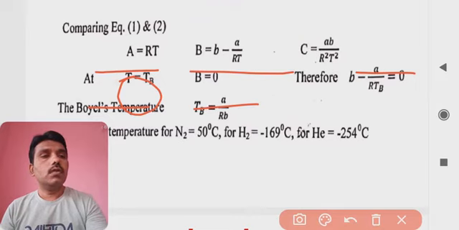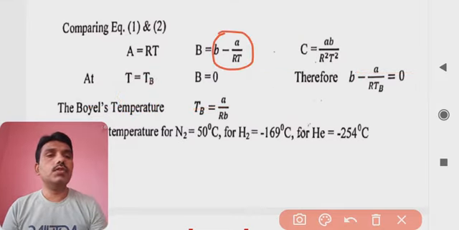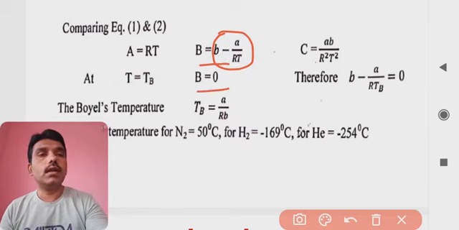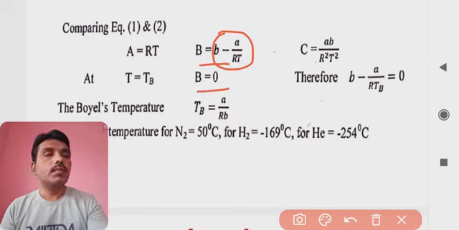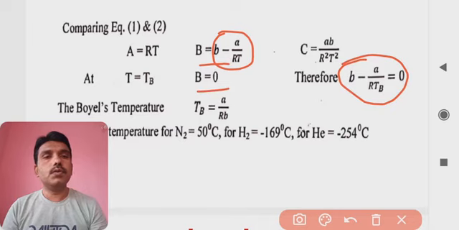Therefore we can write this B minus a by RT is equal to 0, because both are left hand sides are equal. In that case small b minus a by R T_B is equal to 0, because T becomes T_B is to be there.